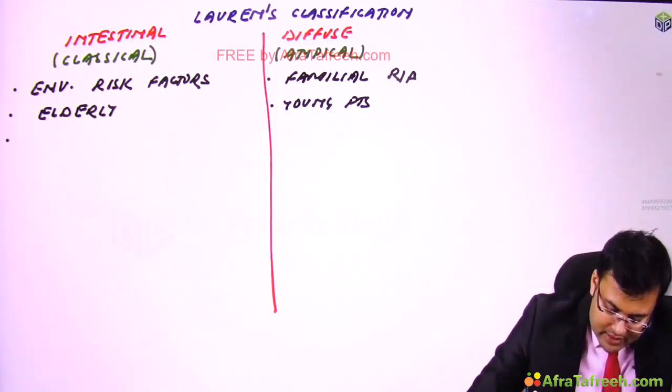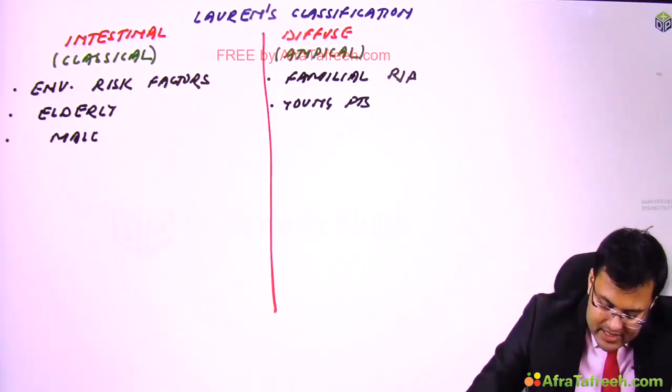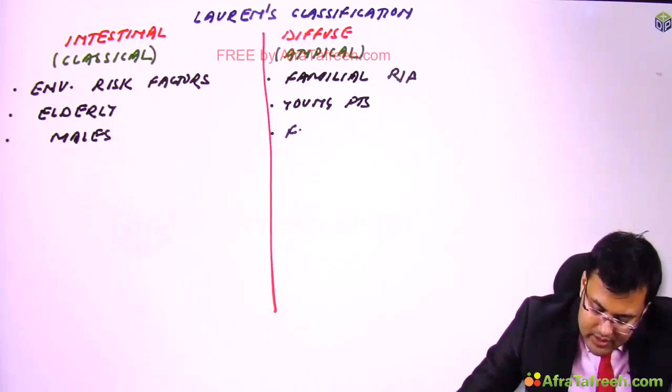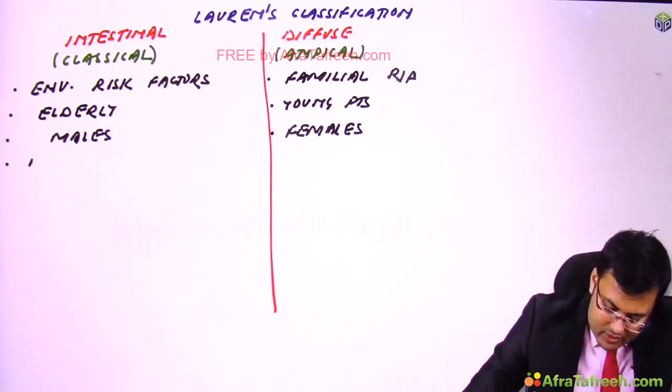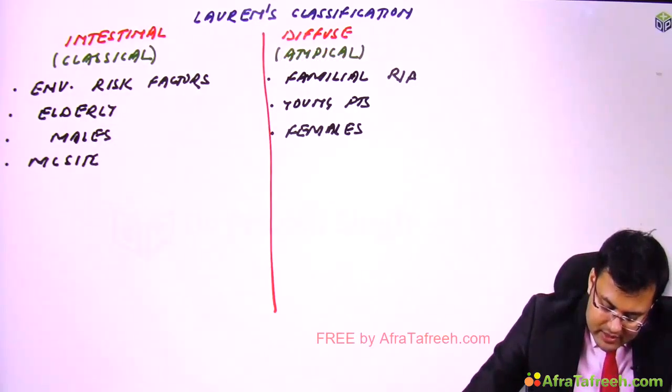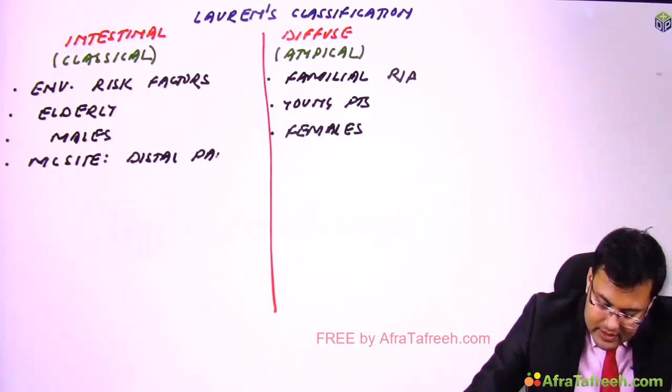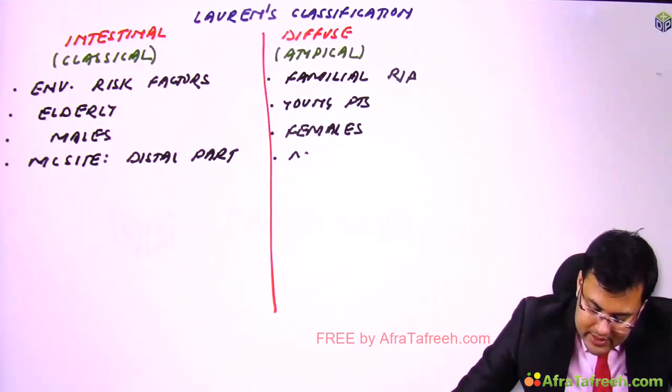This one is more common in males, and this one is more common in females. Here, the most common site is the distal part, and here, the most common site is the proximal part.